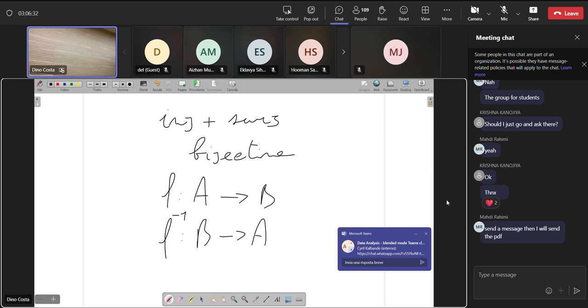And the nice fact is that composing with f minus 1 gives us the identity function, and also in the other direction. We have once again, and this is the problem of making the square.